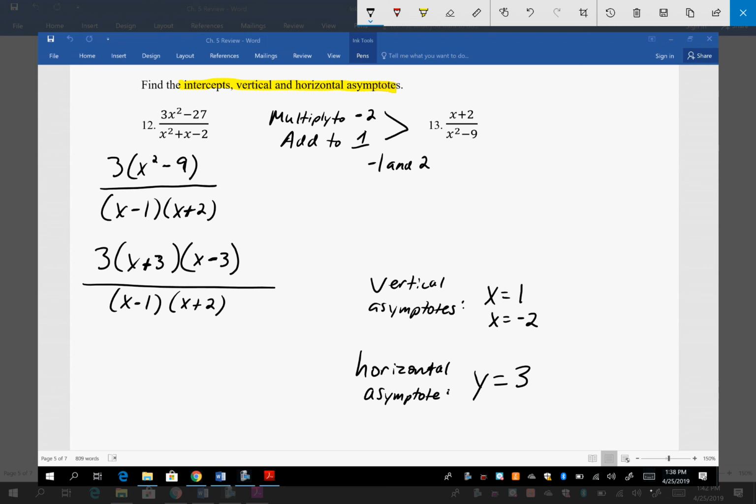When the degree of your numerator is less than the degree of your denominator, the horizontal asymptote would be y equals 0. The other way around, what if this was squared and that was x? That's when you would find the slant asymptote. And you would do long division to find it. Which you don't have to do tomorrow. You're welcome.